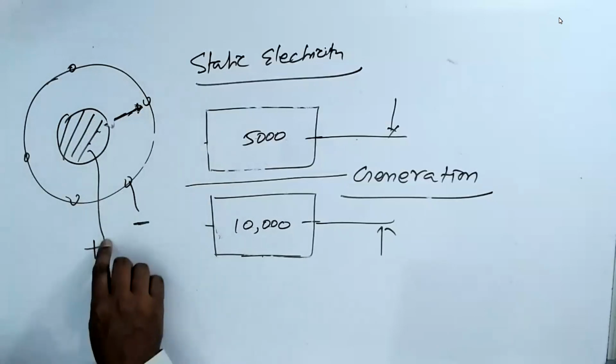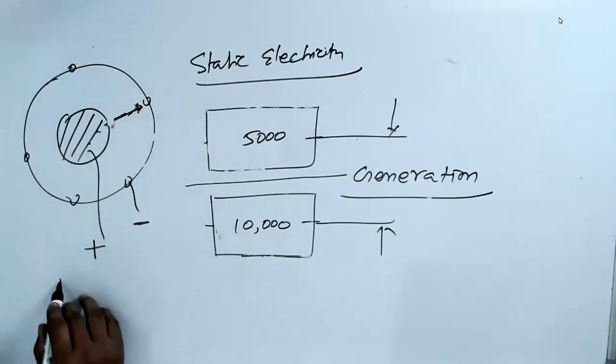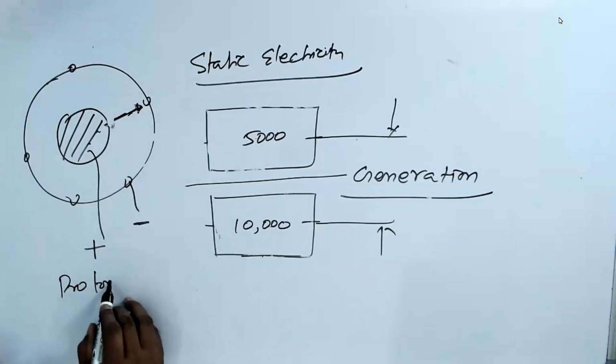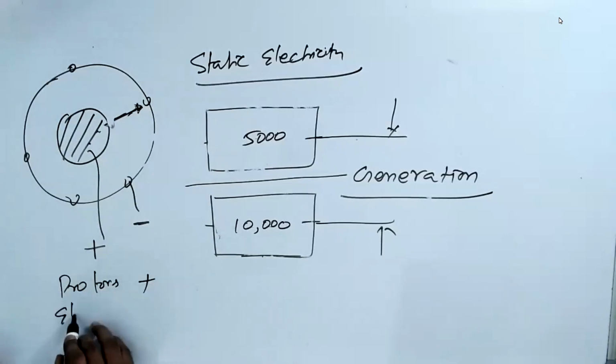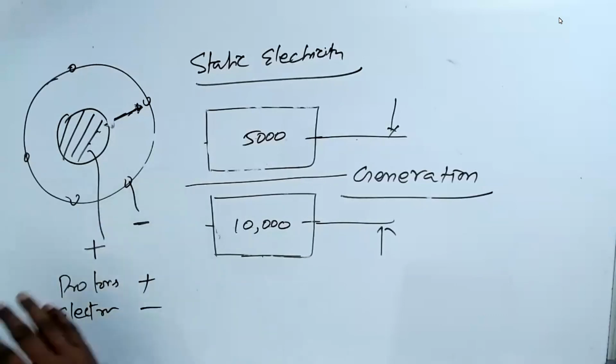That's what he thought. That's the reason he gave it. We have always started following: protons mean positive, electrons mean negative. That's the way we started, because of our great man, Benjamin Franklin, who gave a thought like this. This is the way documents are written and people start to follow.